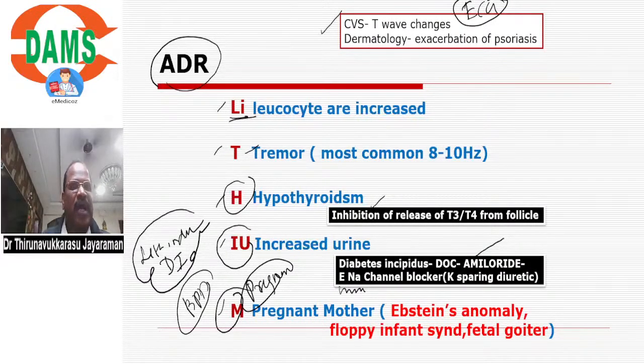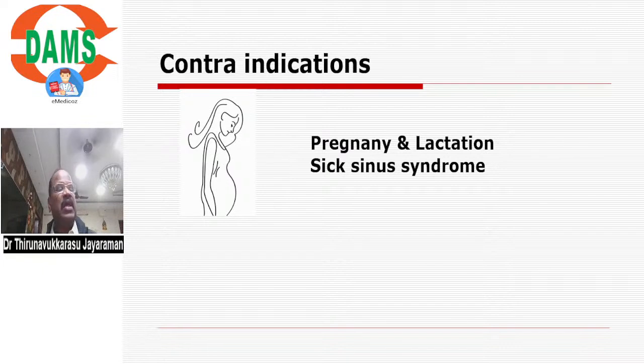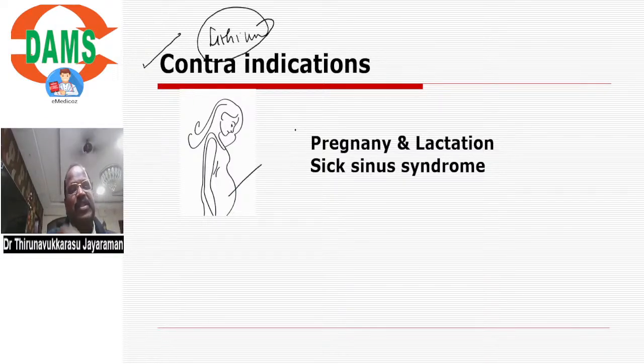Now, I finish lithium toxicity. Other option is contraindications. Since lithium causes teratogenicity, it is completely contraindicated for treating bipolar in pregnancy, even in lactation. And one more thing, it may cause some cardiac problem, so contraindicated in patients with sick sinus syndrome.